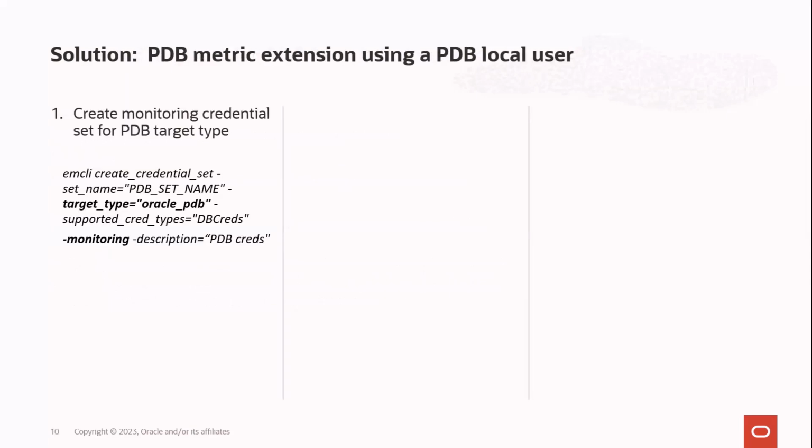To support this use case, we first enhance our credential sets to support creation of a monitoring credential set specific to the PDB target type only. You use the emcli create_credential_set command and specify the target type of oracle_pdb and also the monitoring flag.